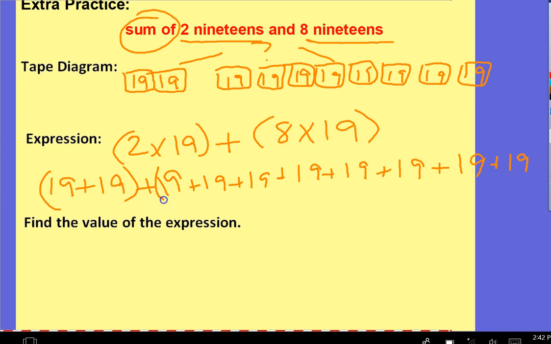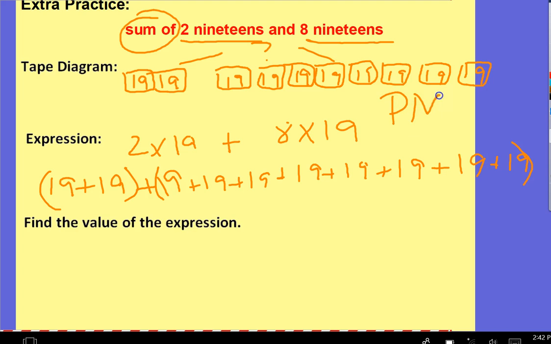Those are actually going to mean the same thing. And again, I don't have to have those parentheses. For me, it just helps me to clarify that that's where I need to stop first. So I usually put the parentheses, but they are not required. So this expression would mean the same thing with or without parentheses when I use my order of operations.